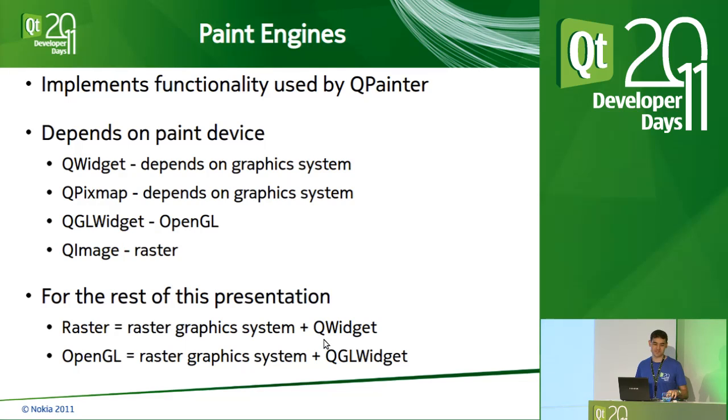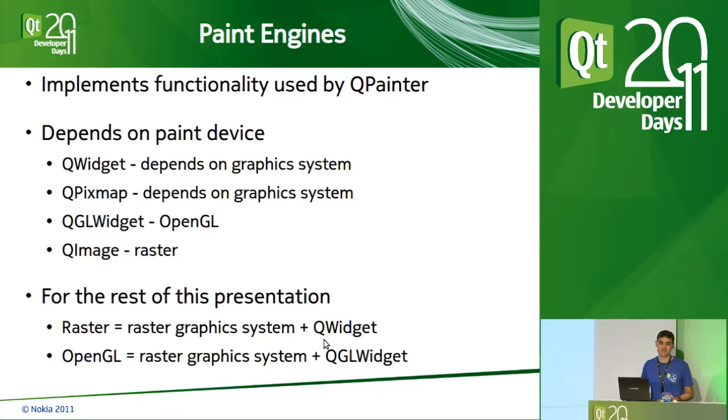For widgets and pixmaps, the surface depends on the graphic system, so the paint engine also depends on the graphic system. If you use a QGLWidget, you always get the OpenGL paint engine, and that's the way I recommend getting an OpenGL paint engine. If you paint on an image, you always get the Raster paint engine, Qt's software rasterizer.